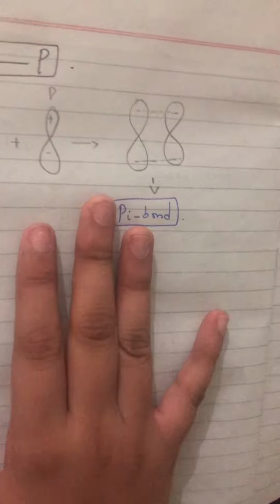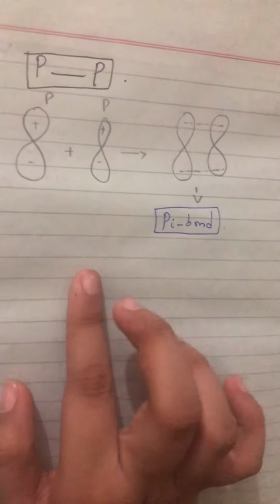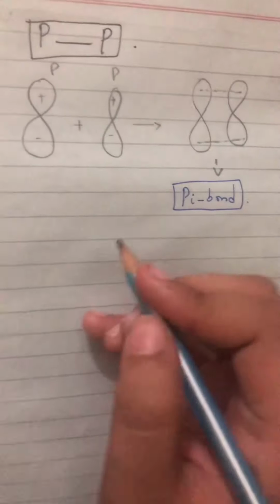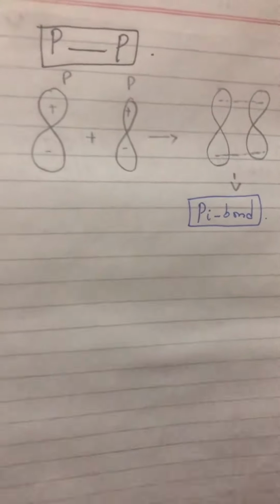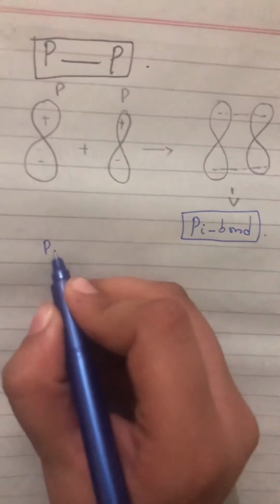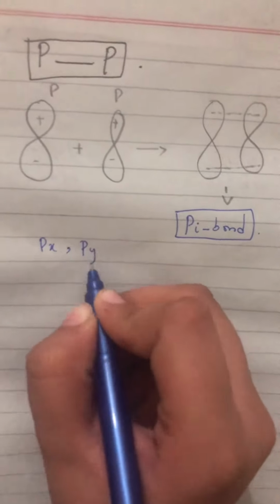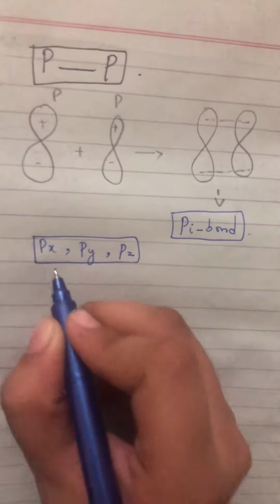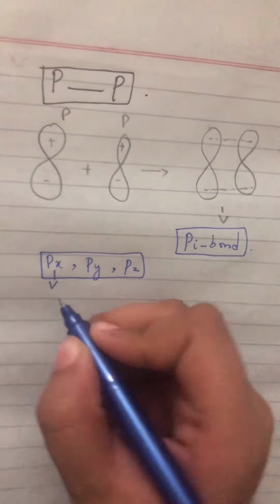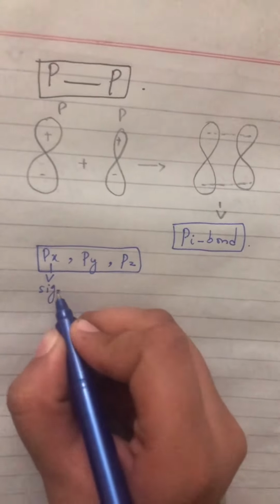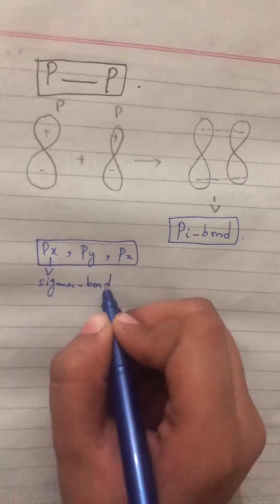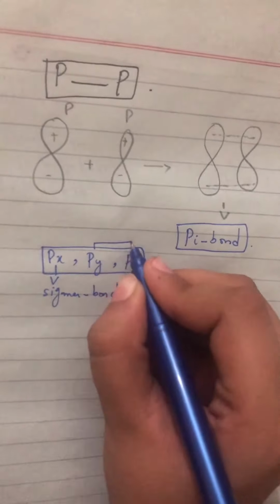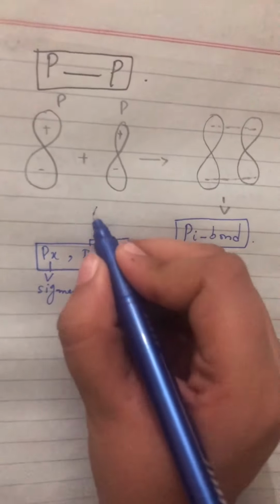But in p and p you will see there can also be a sigma bond like this, because as we all know, in p we are having px, py and pz. So the px will always give the sigma bond, and py and pz will always give the pi bond.